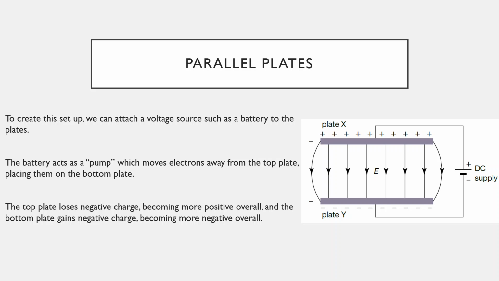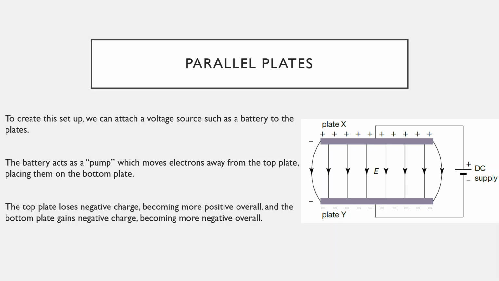And what a battery does is you can consider it like a pump. It removes electrons from the top plate, pumps them through and around the circuit and dumps them on the bottom plate here. So overall, the charge on the top plate becomes positive because you've removed electrons from it.